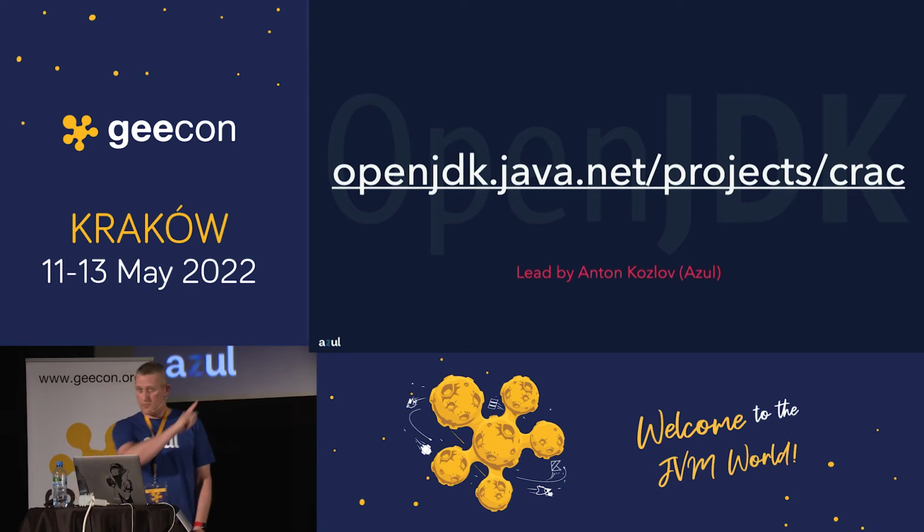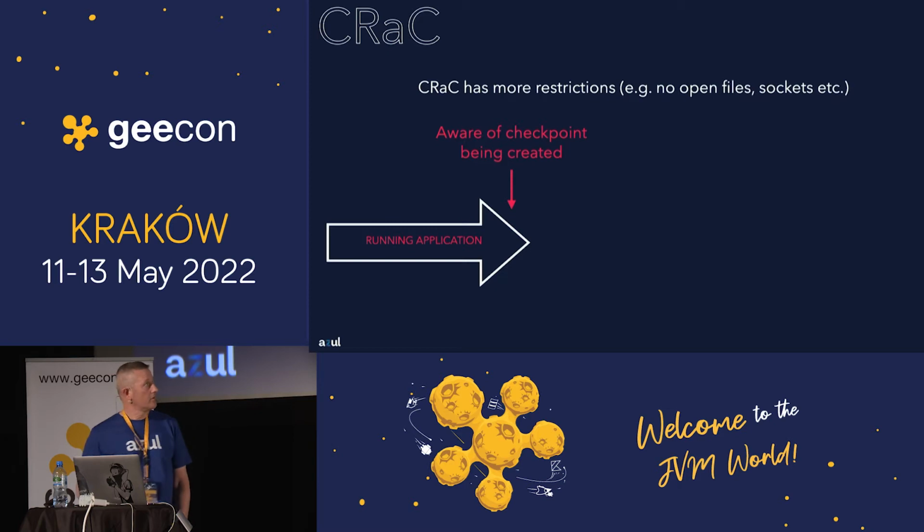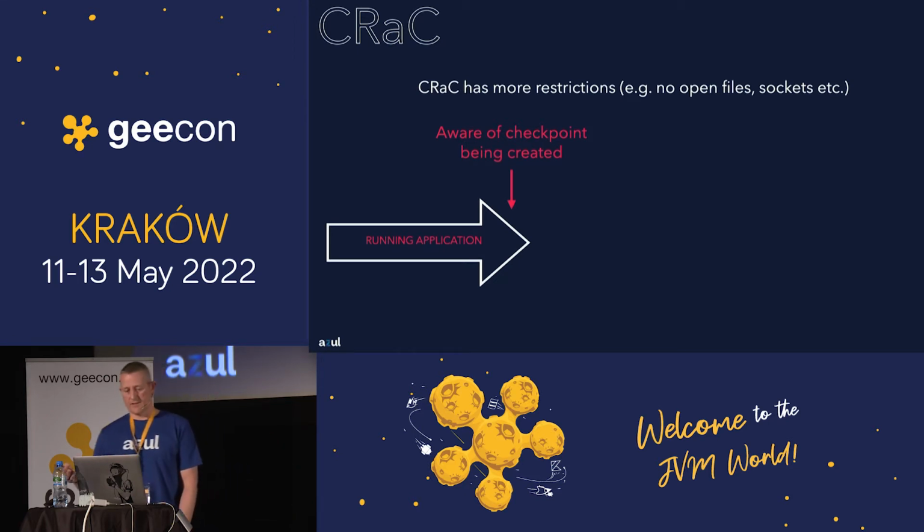And if you would like to know more, you can just check that website, and then you will see what it is. So what it does is, it has more restrictions than CRIU, right? So for example, you can't really handle open files and just save them and restore them. Also not sockets, database connections, stuff like that.